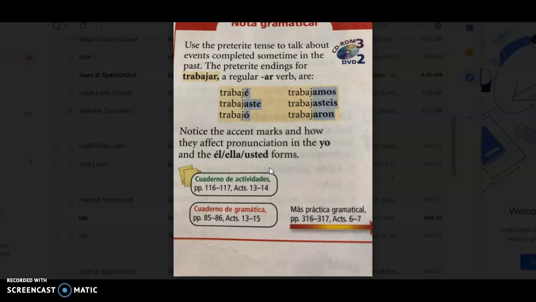And Gaby says, well, Susana me blank invitar a su fiesta el sábado. And you? So Susana invited me to her party on Saturday. And you? Okay, so we have to take invitar. Our subject, if you look at it there, is Susana. Susana is going to be my subject, so I need to make it the él/ella/usted form. I'll wait just a minute for you to figure out what that is.